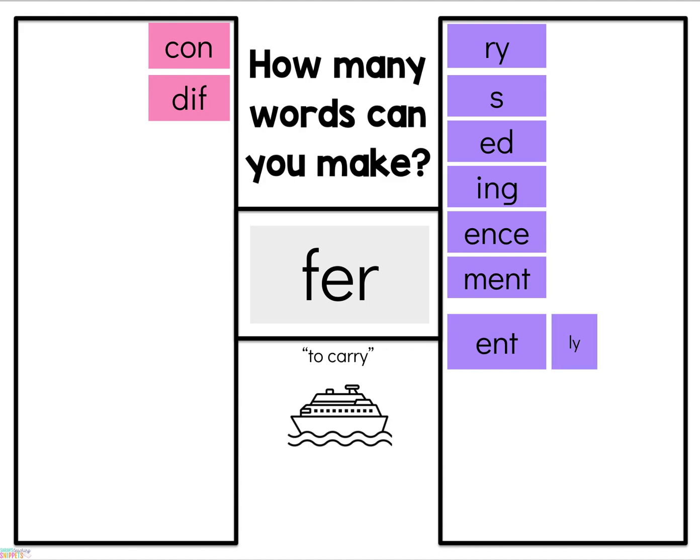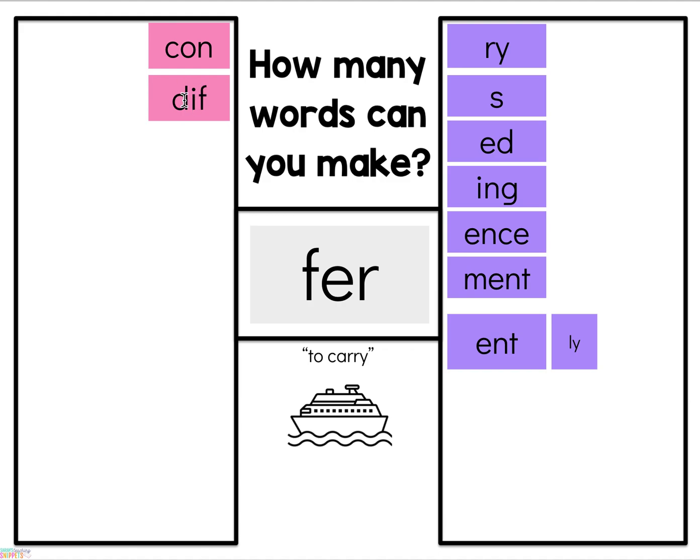We can add ly to make differently. And with the word sum, we always move from left to right. That's why that ly is not here, because I don't want to say differly. I want to say differently. So that's why I put it like that. So have your students write out the word differently. Again, that's a lot of letters. If we just think of this as a string of letters, that's kind of hard to spell. But if we think of it as 4 common morphemes, much easier.